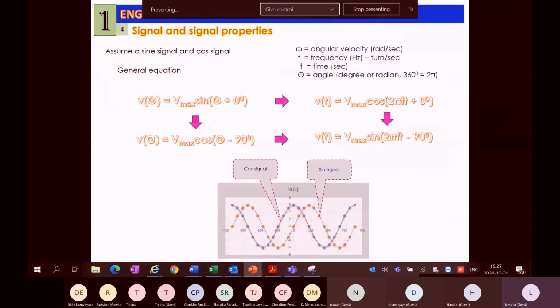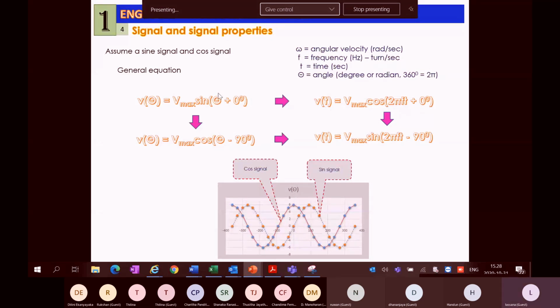There, if I have a sine signal, say with a 0 phase angle, you can say this sine signal is equal to this cos signal, because cos(theta minus 90) equals sine theta. Cos(theta minus 90) equals sine theta, right? That is maybe something which you are bringing from your A-level knowledge.